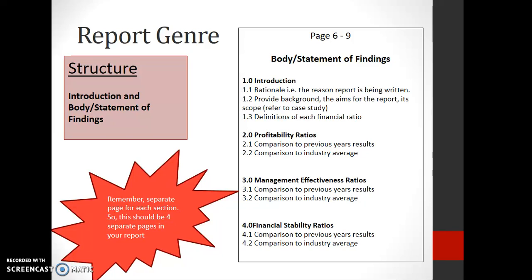And my discussions about the financial stability ratios in accounting for a business would be on page 9. That's why this section goes for pages 6, 7, 8, and 9, because we remember that each section goes on a separate page. You can see the numbering system is more detailed on this screen, 1.1, 1.2, 1.3, and so on. So really prescriptive, really scaffolded.